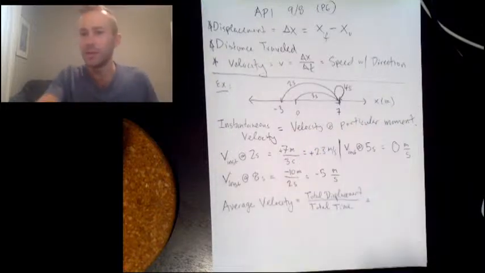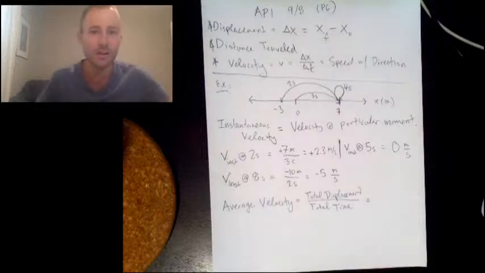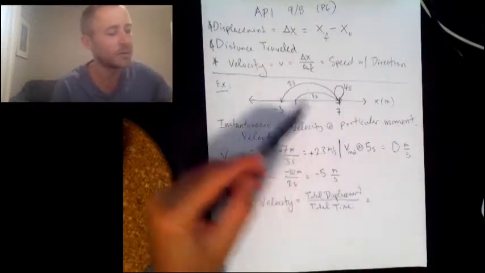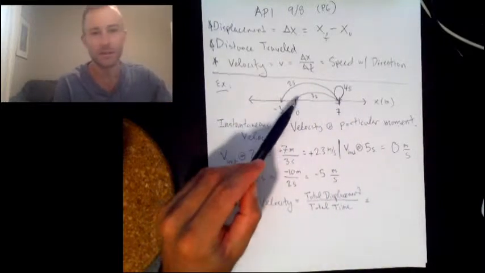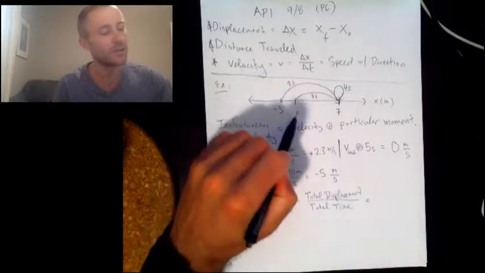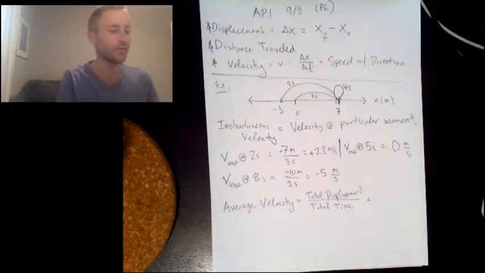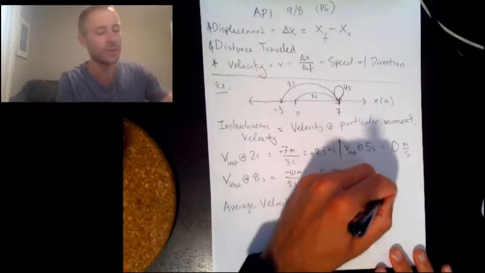So I can see that many of you have typed in -3 for the total displacement, and that is correct. Why? Because looking at the journey as a whole, you start at x equals 0, you end at x equals -3. So you went 3 meters to the left. That's a total displacement of -3 meters.